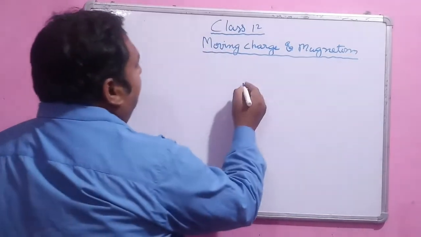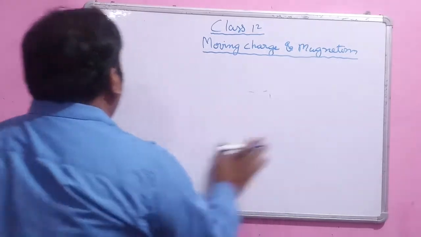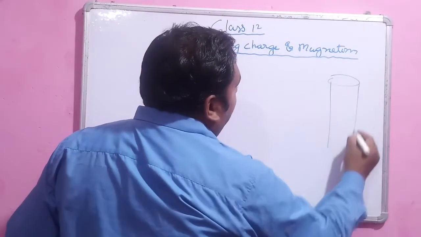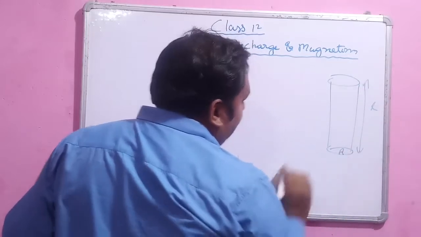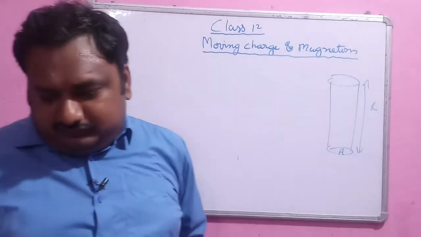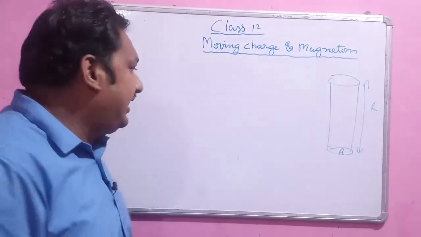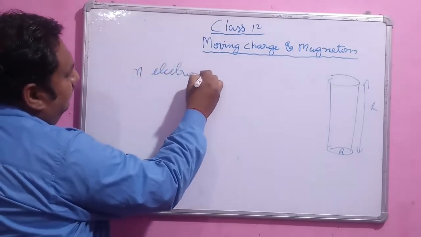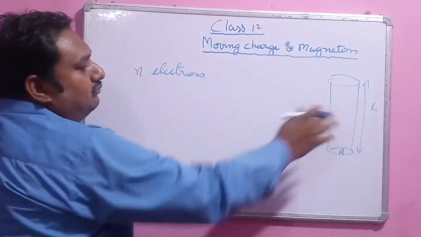So assume there is a conductor, and I am drawing the figure here. There is a conductor of length L, and the area of the conductor is A. Let's suppose there are n electrons per unit volume of this conductor.